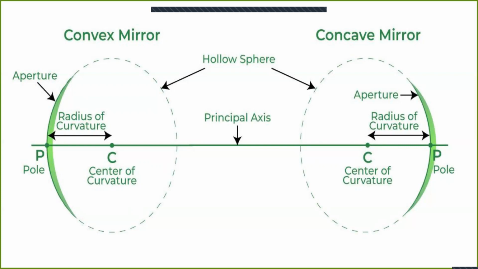Aperture means the reflecting surface, which here is the inward part. Same thing: the principal axis passes through the center of curvature and pole, and the principal focus is located on the principal axis. Okay, I think you all have understood.